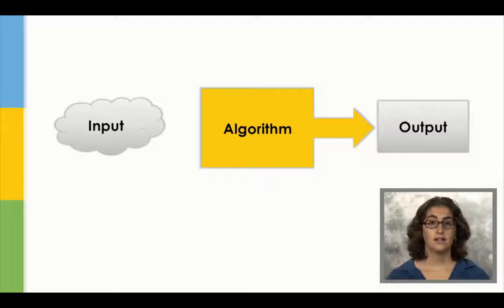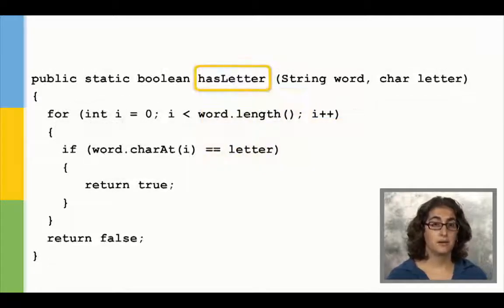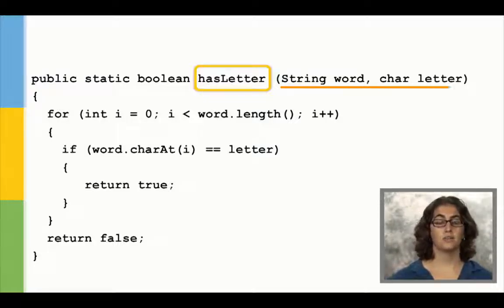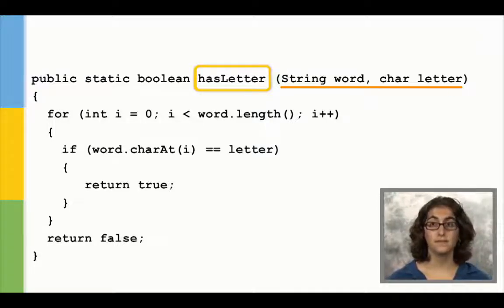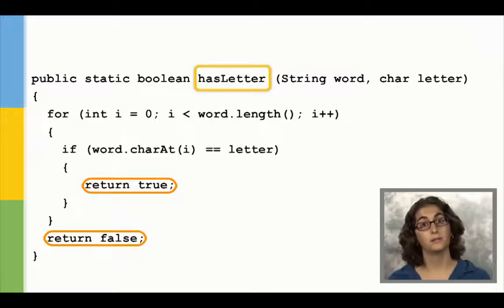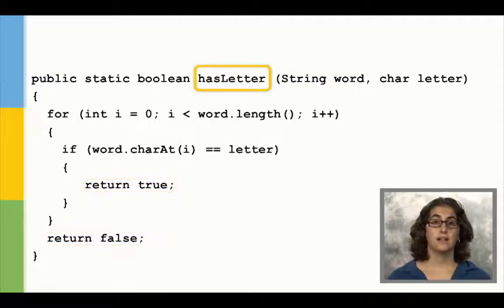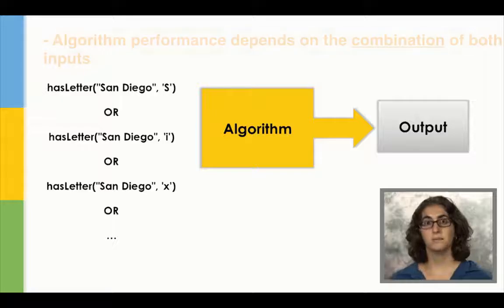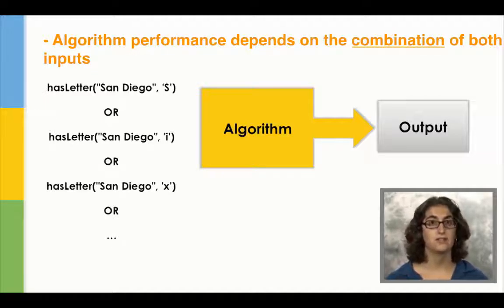So in the example that we've talked about way back when we first started, we were looking at the has letter method, which took as its input a word, which was a string, and a character, which was the letter that we were looking for in that word. And then it returned either true or false based on whether the character was found inside the string. Now, as we saw when we were counting operations, depending on the specific word and letter combination, our algorithm behaved a little bit differently.